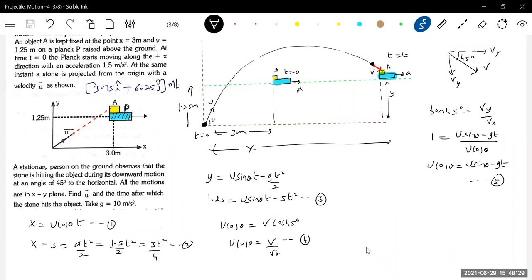Sir, getting imaginary. Later on, we can find out v, all those things. So I think that this equation may not help us anywhere. Anyway, I just wrote it.